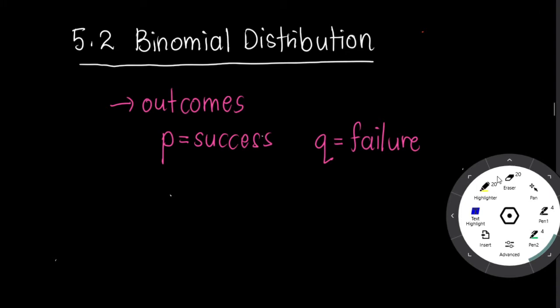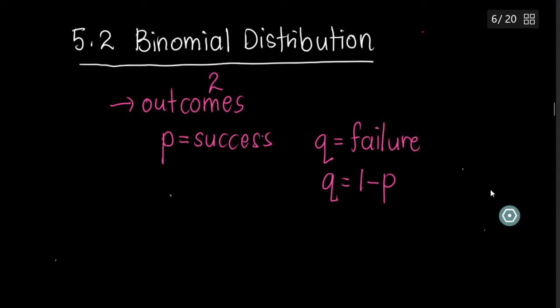So usually you will have two outcomes: success and failure. To find the failure, you just take 1 minus P only. Remember, in the beginning of this chapter, teacher explained that for a probability distribution, the entire calculation is always 1. The whole thing should be 1.